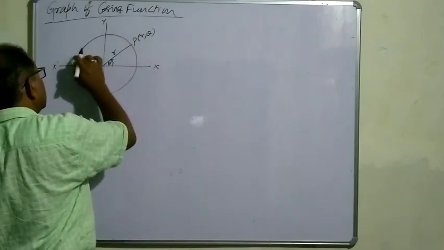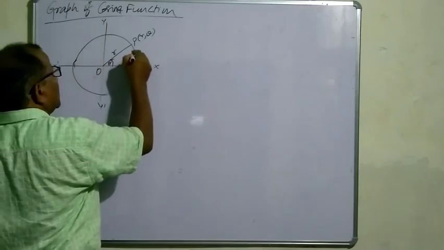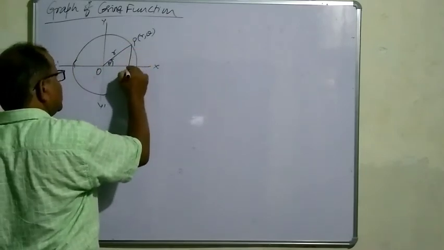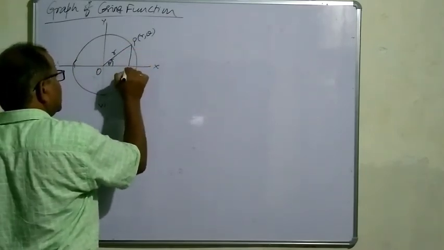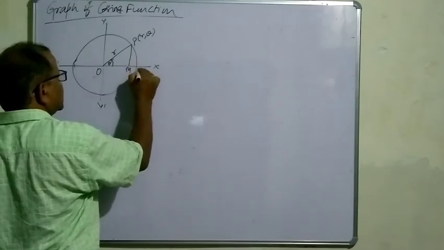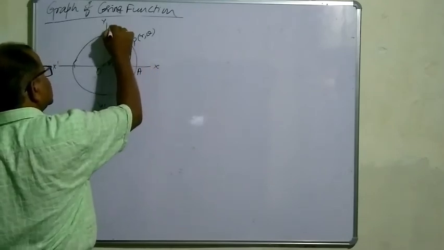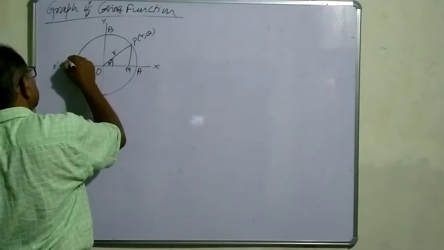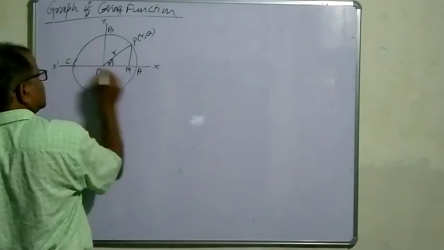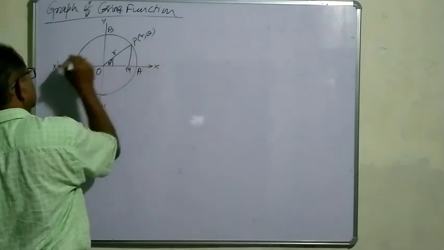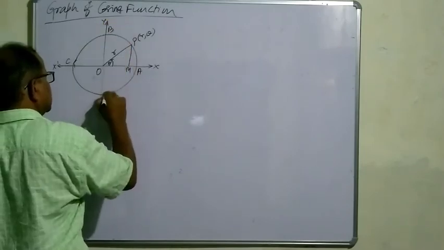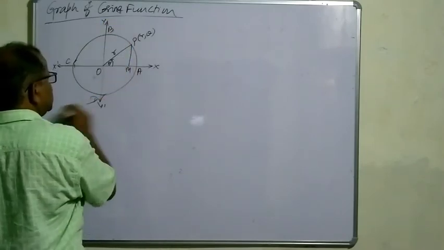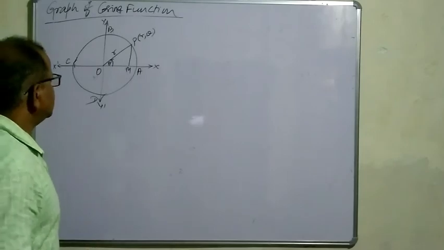Let us drop a perpendicular here. It is M, and let the circle meet the x-axis at A, the y-axis at B, the negative side at C and D. Okay.